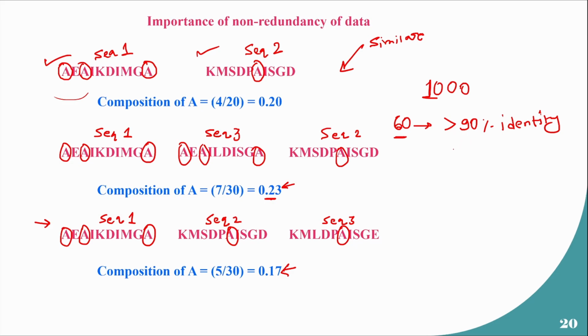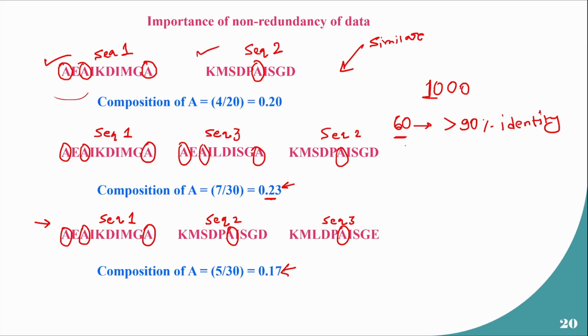So it is possible that you will not exactly represent what your outcome would have been if you had sampled it in a way where similar sequences were not present in your dataset, basically, right? So these can basically skew your analysis results or outputs and can give you some sort of wrong inference or information.